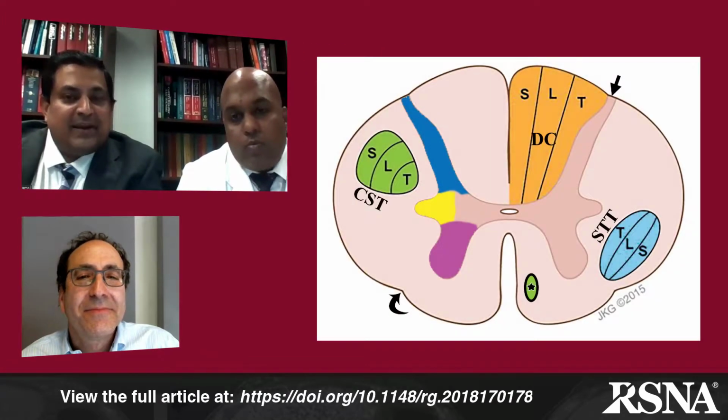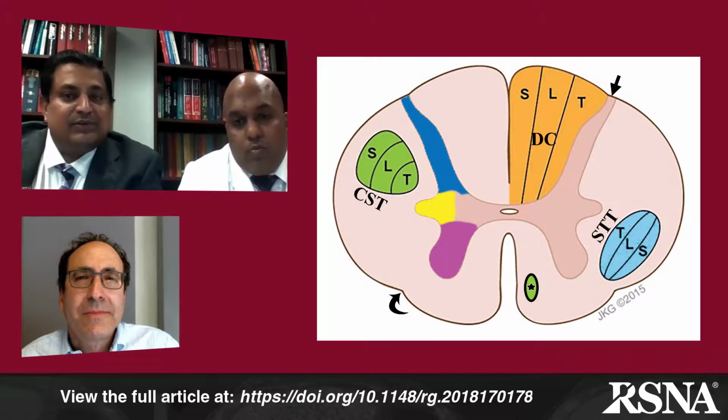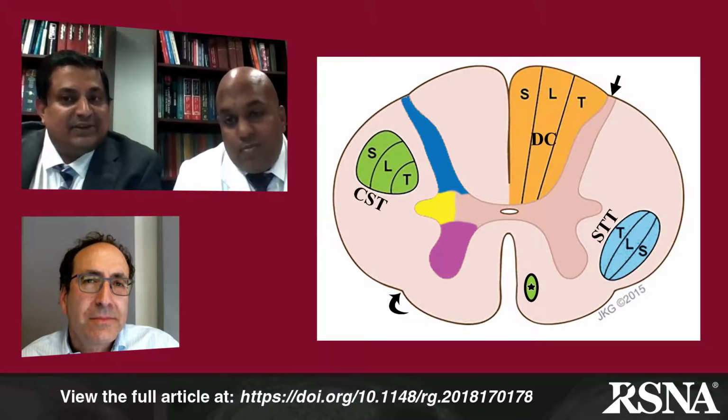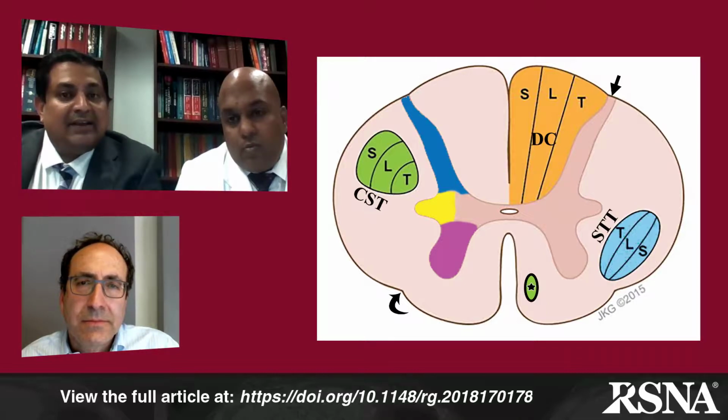So figure 1A is an illustration that shows axial cross-section of thoracic cord demonstrating central H or butterfly-shaped gray matter and peripheral white matter. Central gray matter has a dorsal or posterior horn highlighted in blue that's involved in sensory processing, a lateral horn highlighted in yellow containing interneurons and autonomic nuclei, and a ventral or anterior horn highlighted in pink that contains motor neurons.